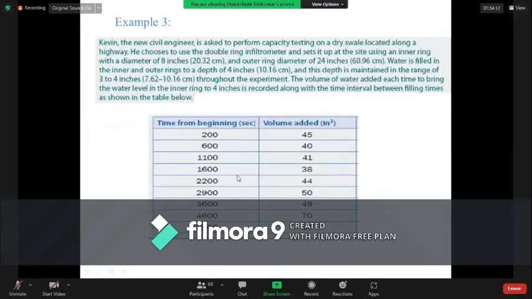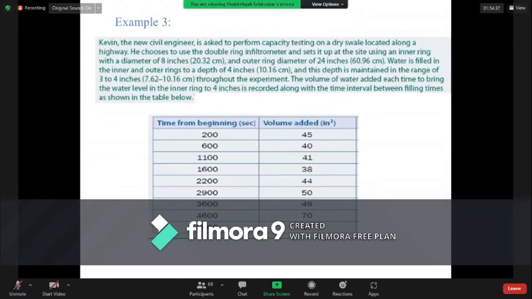Then you can write this table: time from beginning and the volume added. From this, you can calculate the cumulative infiltration and infiltration rate.